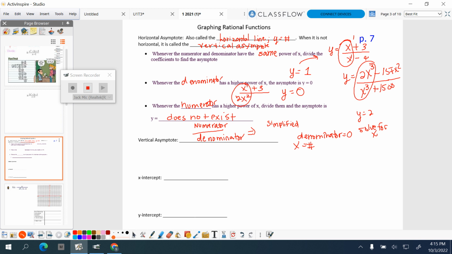Now, the x-intercept is always a point that looks like this, x comma 0, where a function crosses the x-axis.